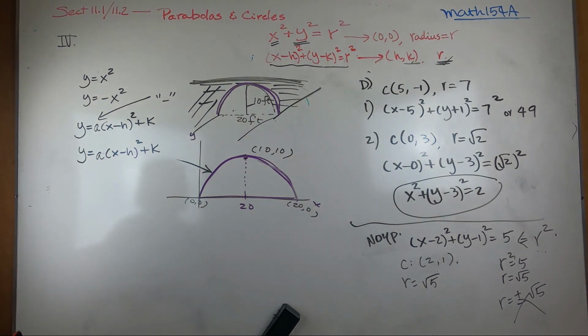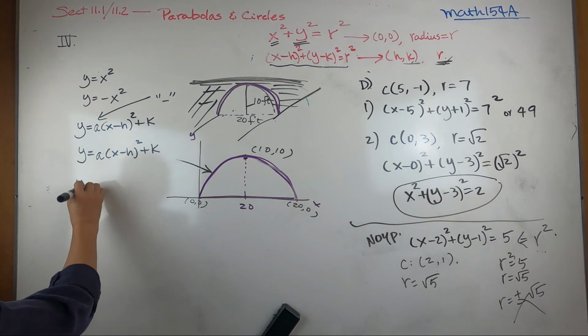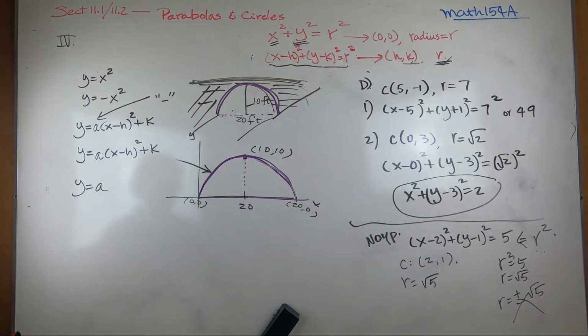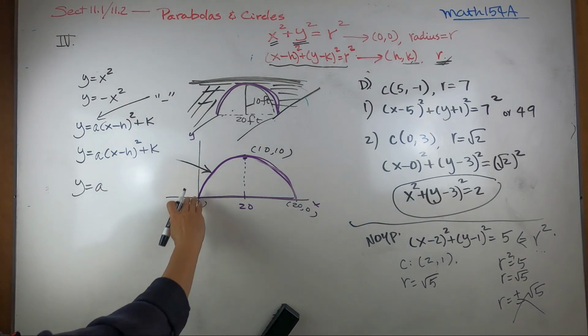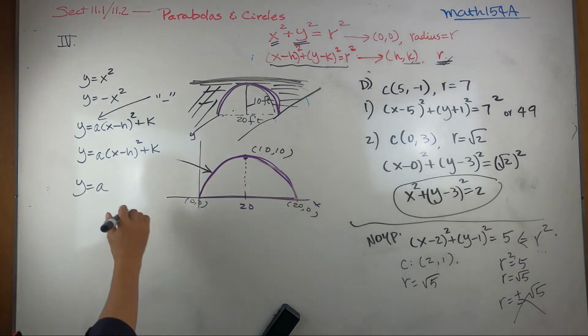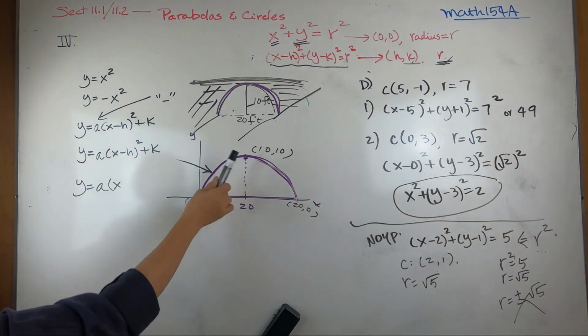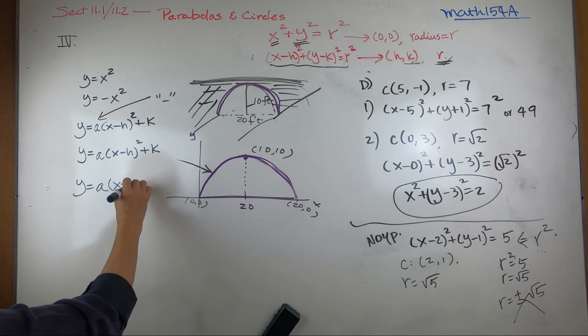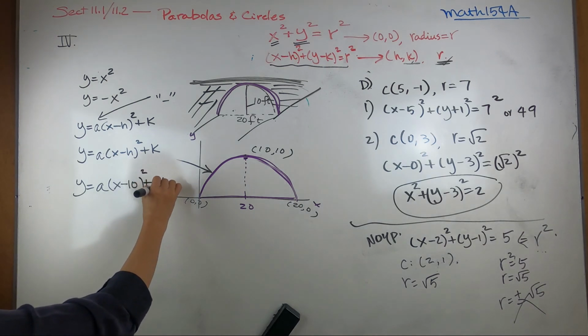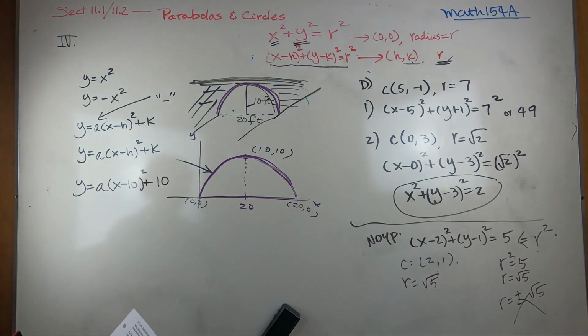Just use the standard vertex form, right? Then what do we have? We don't know the a because we don't know how it's stretched. We only know it looks like this. But we do know the vertex is what? h is 10, k is what? 10. Is that right?